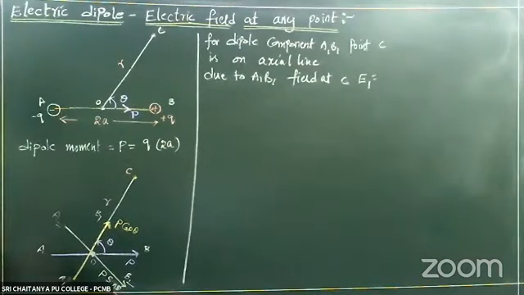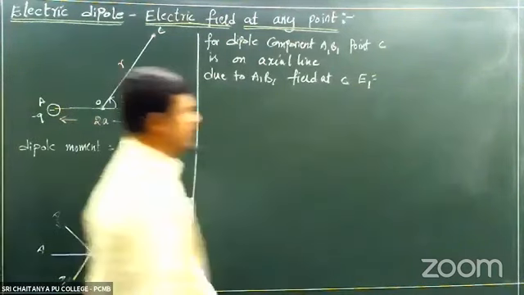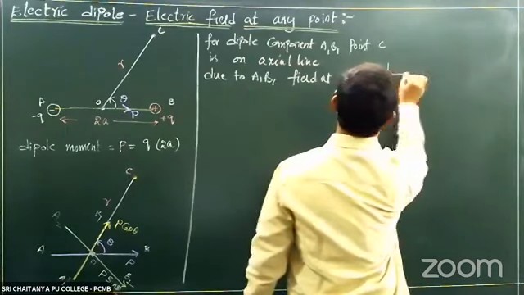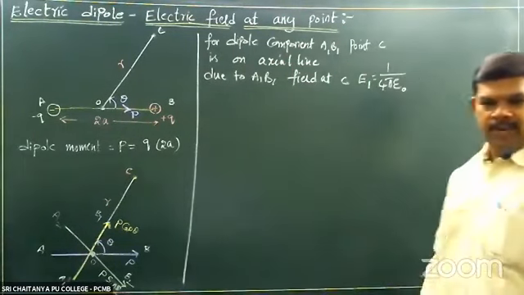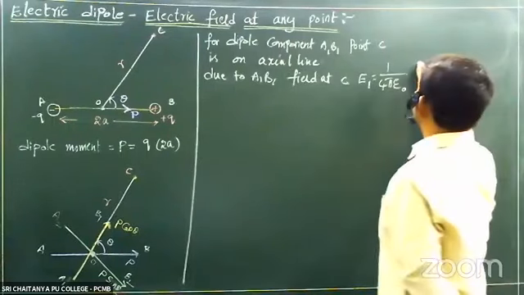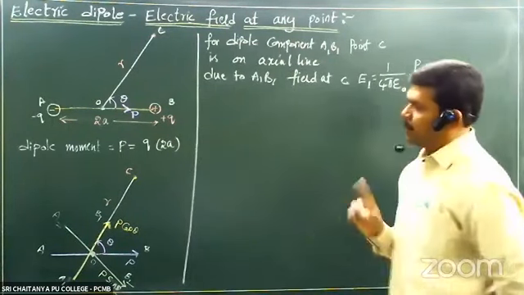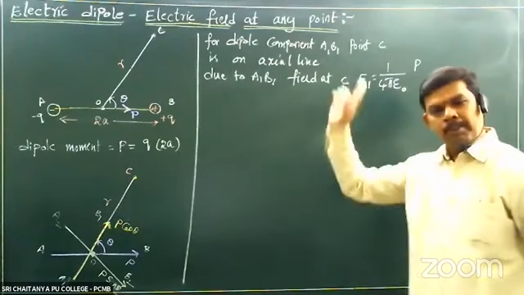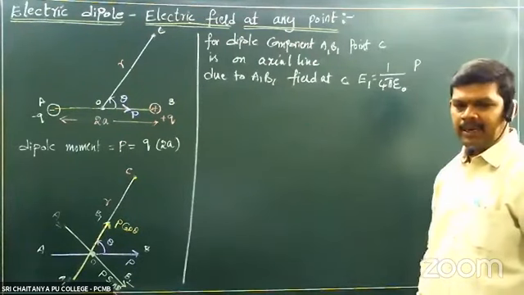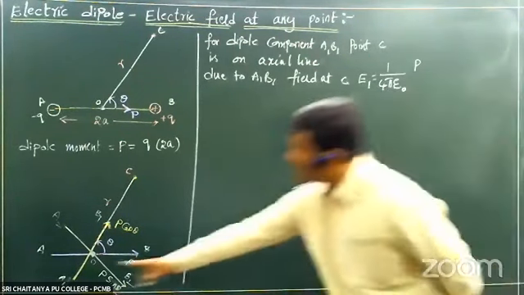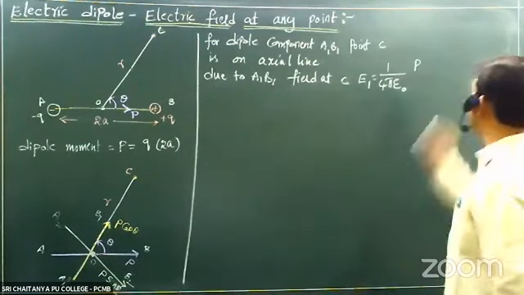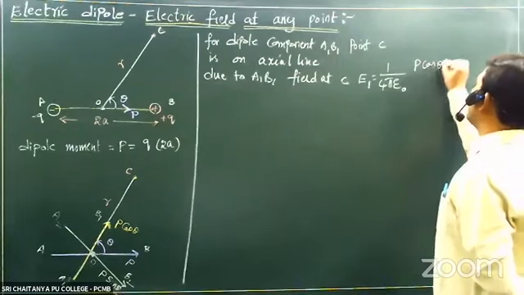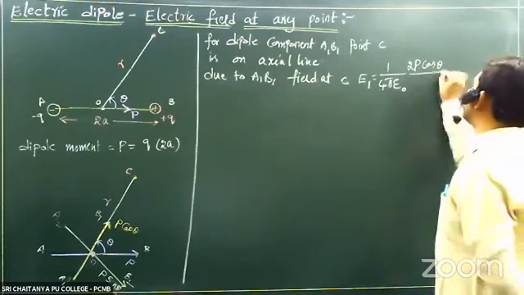You know the formula for field on the axial line from our previous knowledge. What is the formula? 1 by 4 pi epsilon naught, if it is a simple dipole, 2P by distance cube. Here, for this dipole, what is the dipole moment? P cos theta. So 2P cos theta.